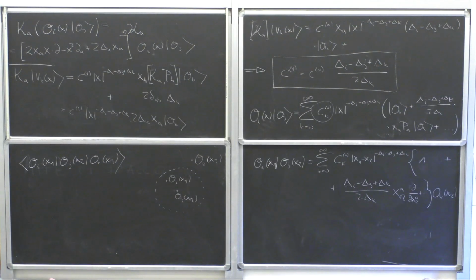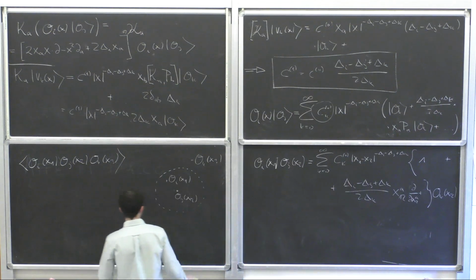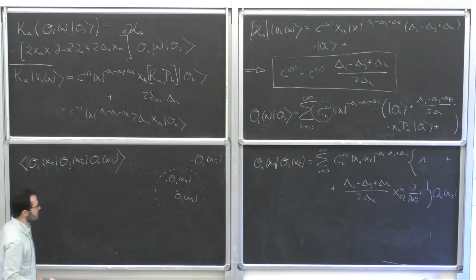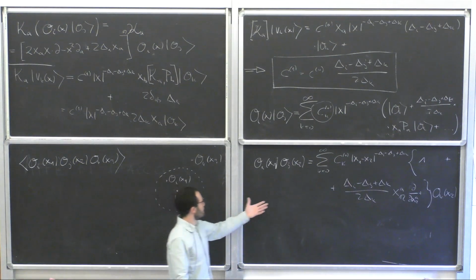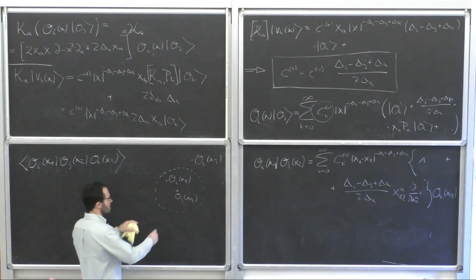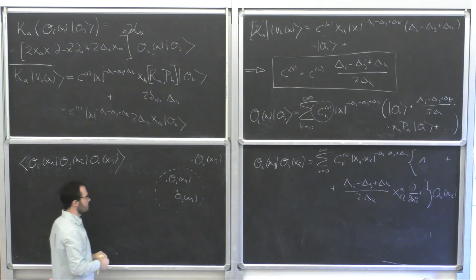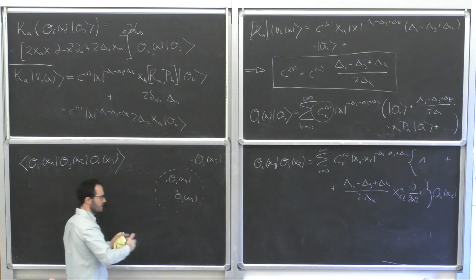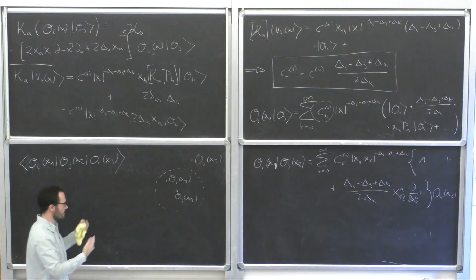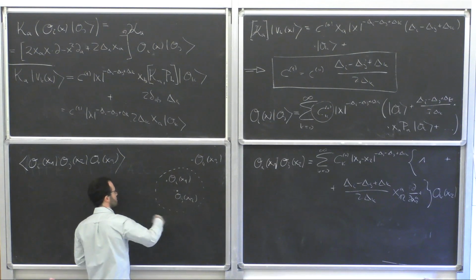So now we can use this formula for operators to compute the 3-point function. When are we allowed to use this formula? Well, we have derived it under the assumption that there are no other operators inside the sphere. So that's crucial, right? If there were some other operators inside the sphere, then we couldn't have done the manipulations that we did. We were assuming that these were the only two operators inside this unit sphere.